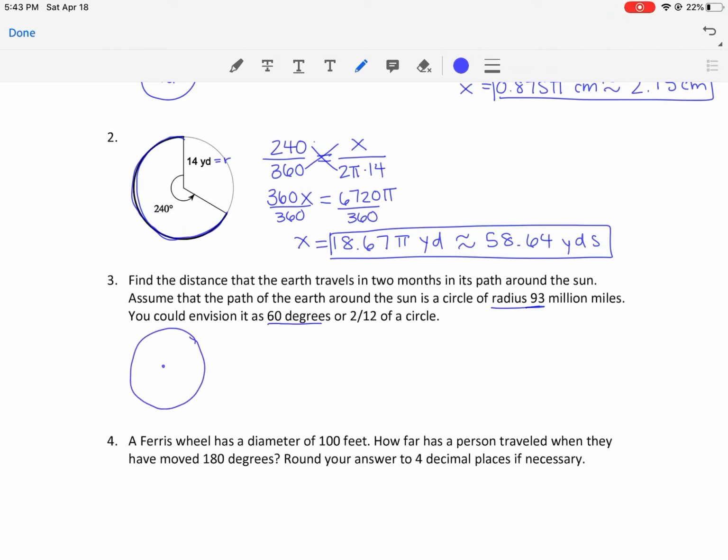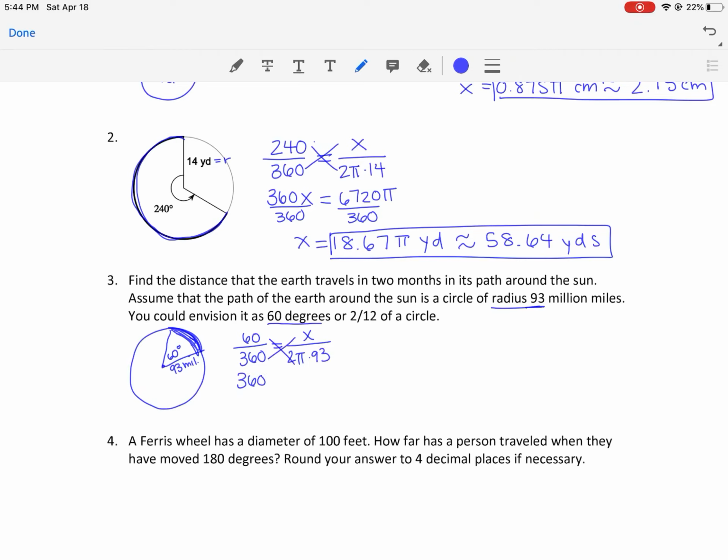So we're saying, okay, here I'm going to take a 60-degree angle, and this radius is 93 million. What is the arc length here? Okay, so I take 60 over 360, right? Because we're looking for the arc that matched up with just 60 over the whole circle of 360 equals the arc length we want, the portion of the circle, over the entire circle is 2 pi times 93.